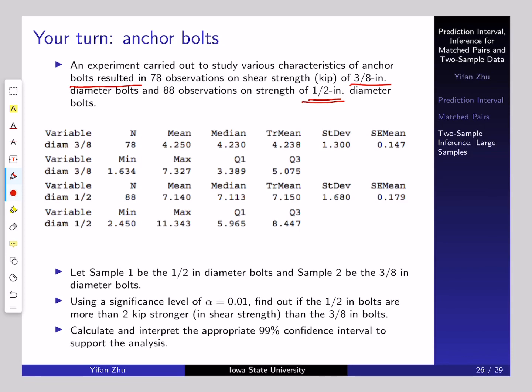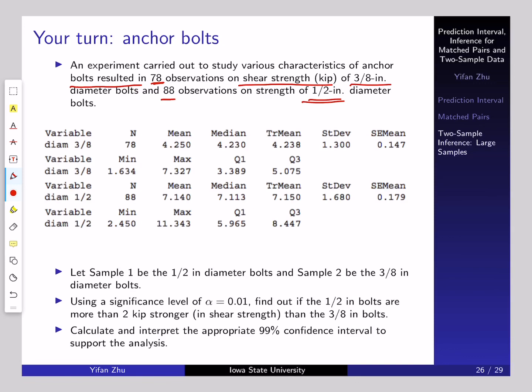For the 1/2 inch ones, we collected 88 of them, and for the 3/8 inch one, we collected 78 of them. And we measured the shear strength in KIP for each of these bolts.